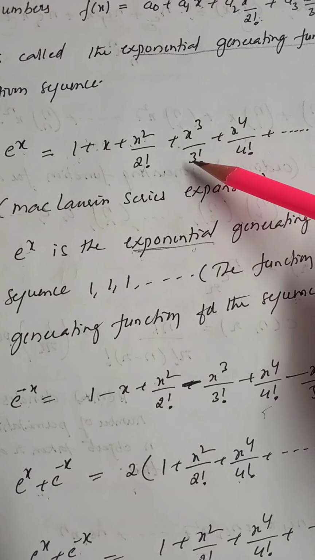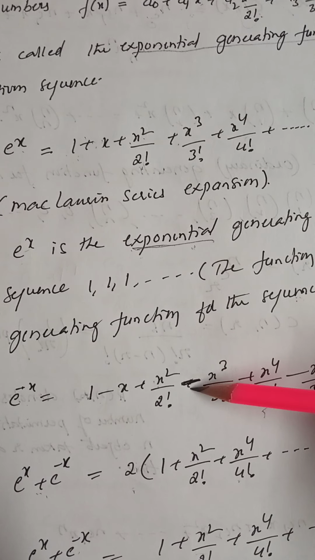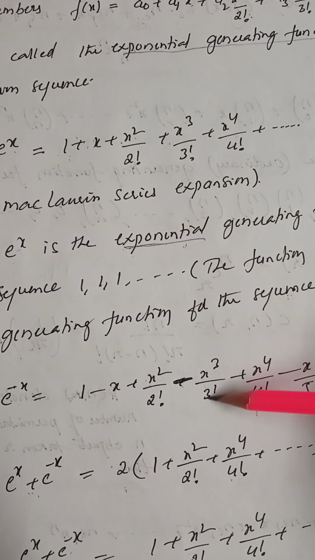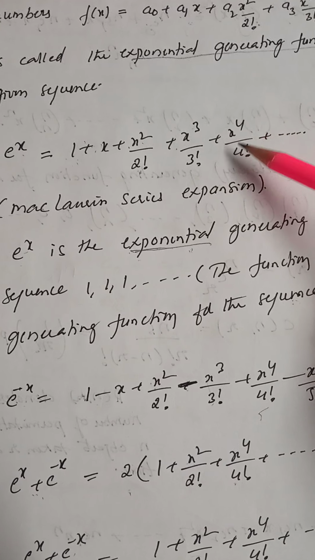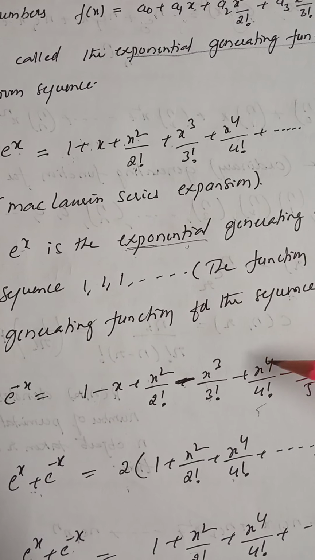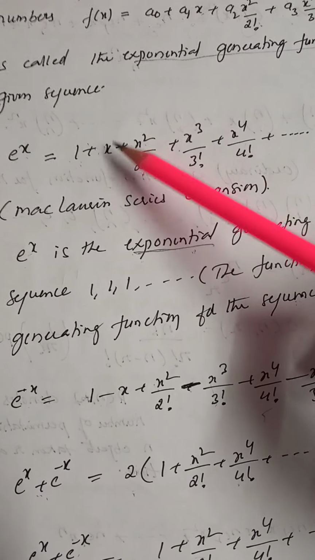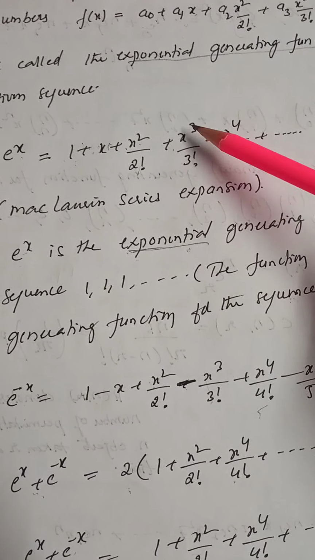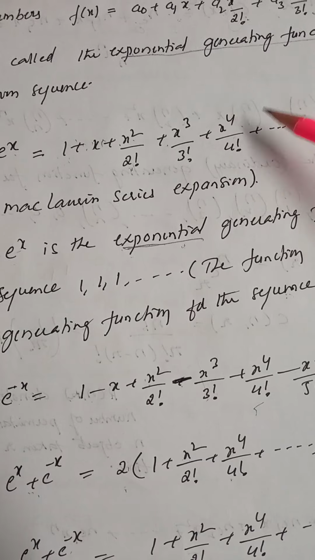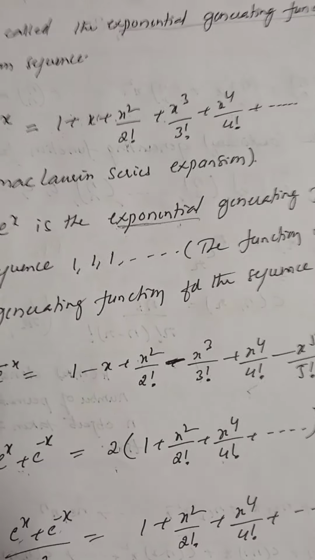X cube by 3 factorial minus of this minus becomes plus 2 into x cube by 3 factorial. X to the power of 4 by 4 factorial minus of x to the power of 4 by 4 factorial gets cancelled. That means you will get 2x cube by 3 factorial, 2x to the power of 5 by 5 factorial.